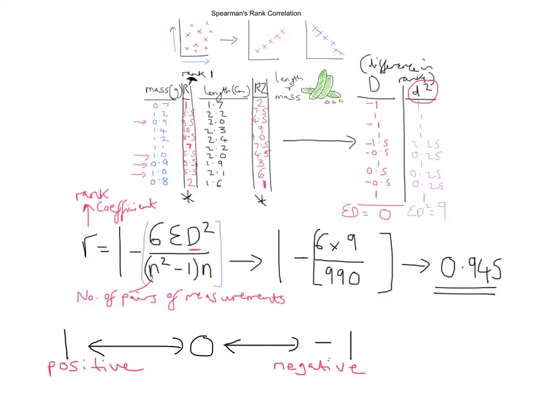So positive being that as one increases, so does the other. Negative means that as one increases, the other decreases, does the opposite. And a value of 0 means there's no correlation at all. Now, in an exam, they would give you a statistical booklet which has in it a table showing what's called degrees of freedom.